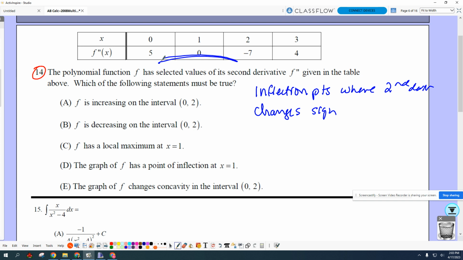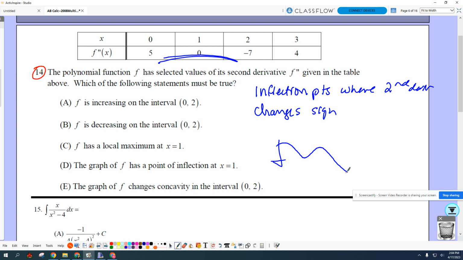Yeah, and even if it doesn't cross 0 at x equals 1, it still has to cross at another point to get the positive. So maybe it touched down, bounced up, but still, okay. That's why it wouldn't be b. Okay, well let's reason through this. Given that information in the table, what has to be true? Does it mean that it's increasing over 0 to 2?